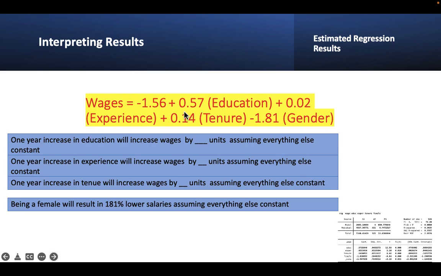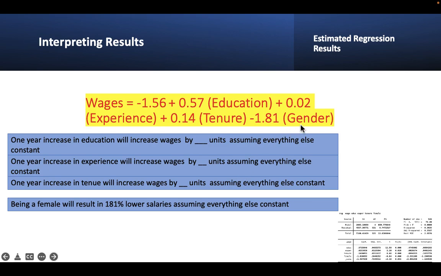When experience increases by 1 year, wages increase by 0.02 units. See how I'm using units, because this is a lin or linear equation where the dependent variable is also linear and the independent variables are also in the linear form. If these were in the log form, then we'd be using percentages rather than units in our analysis.